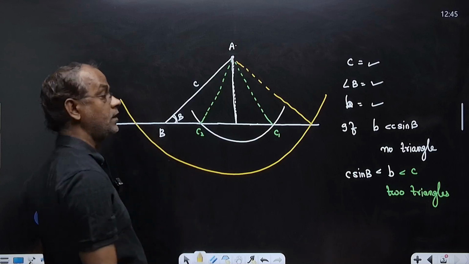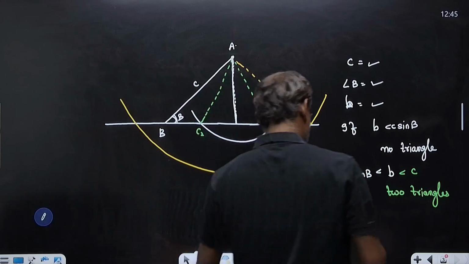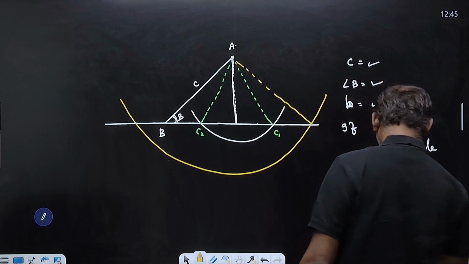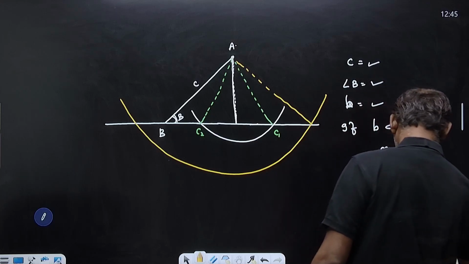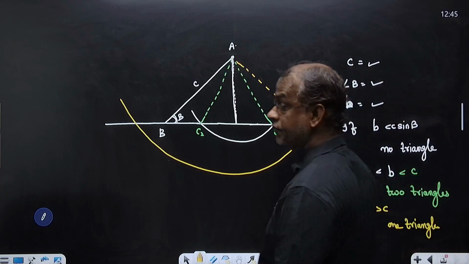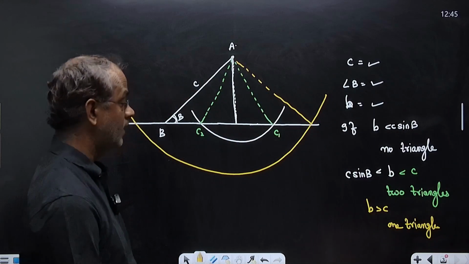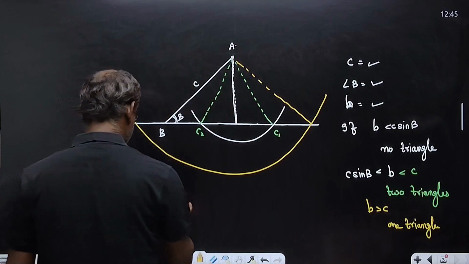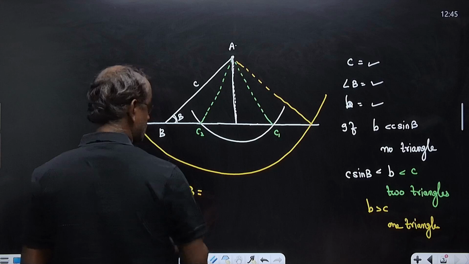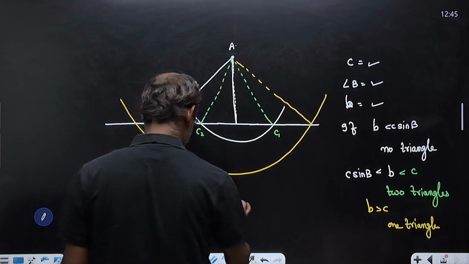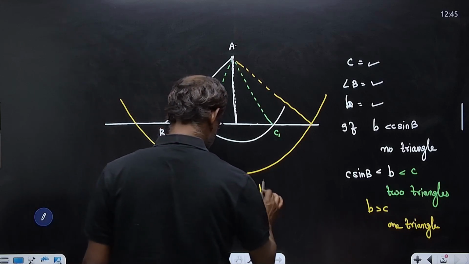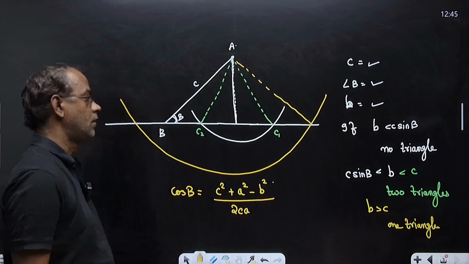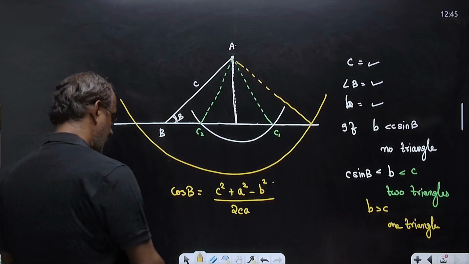The other triangle has to be ruled out. So if b is greater than c, we get one triangle. In fact, if we remember what we did in the previous class, these things are per se not to be remembered; simply write cos B, and with c square, you have to find side a. It is a quadratic in a.